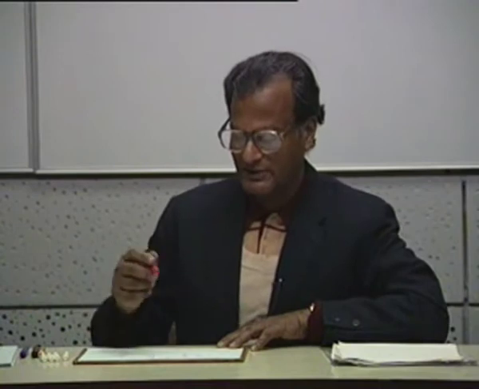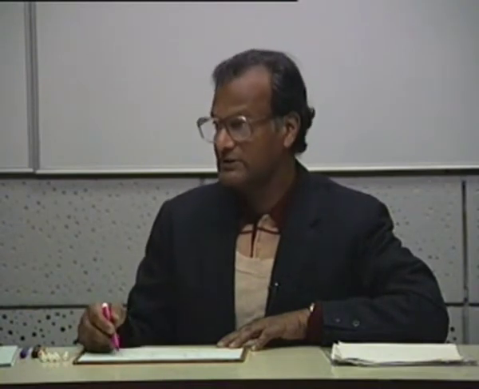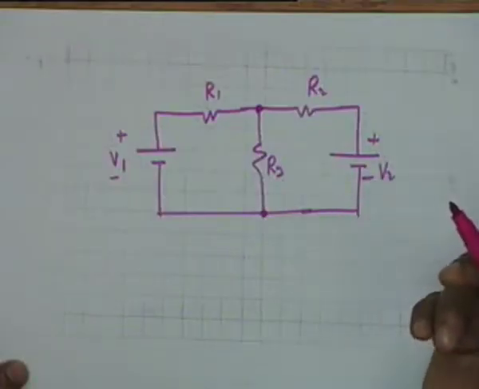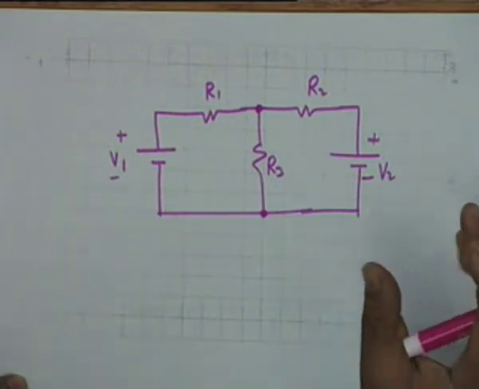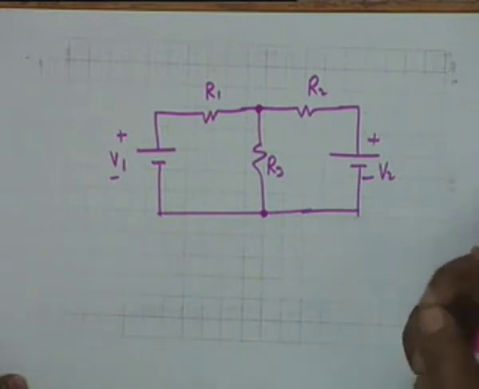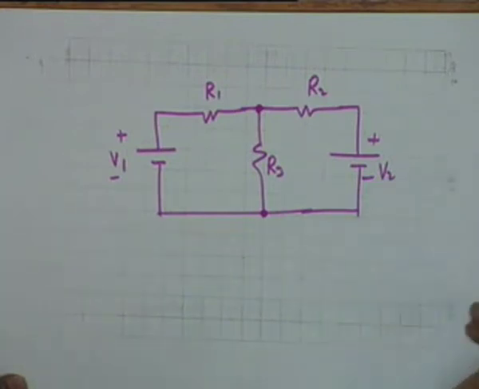The voltage is a constant. If we use a current generator, we will assume that the current is a constant. That is, we are considering DC sources, direct current sources, either a battery or a current source.